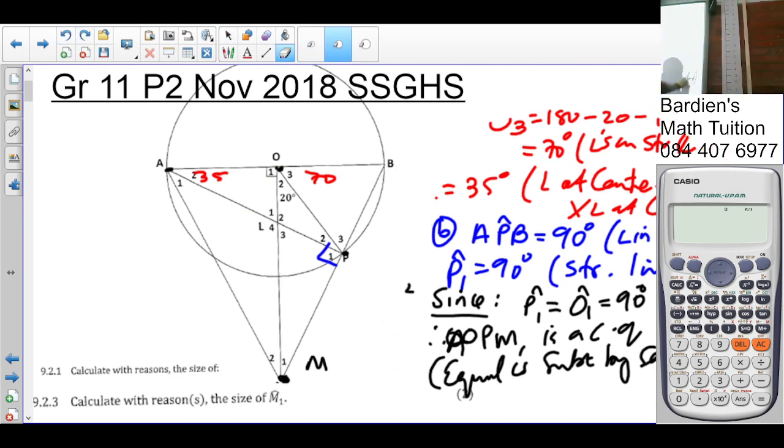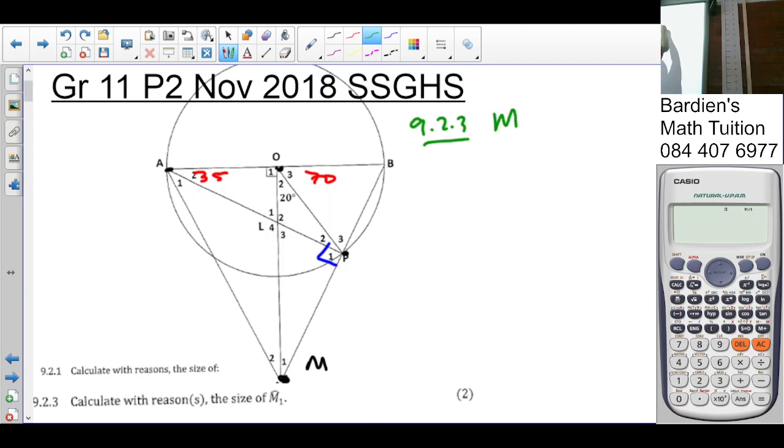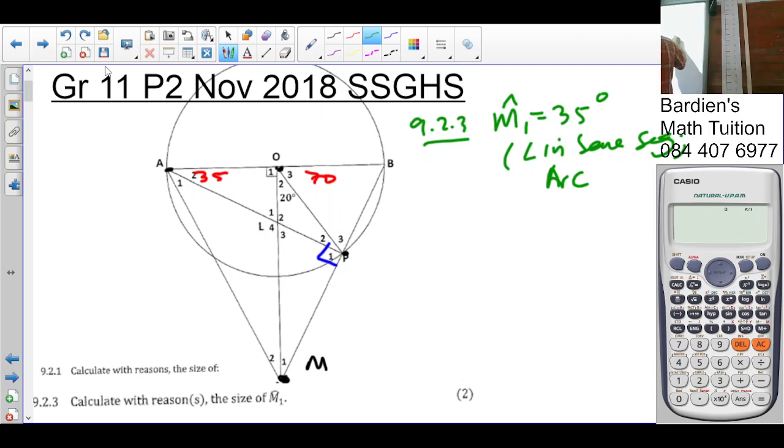I'm taking this off. I want to keep the diagram in focus. So M1 is equal to 35 degrees. Why? The angles in same segment, and it's coming from arc OP. That is 35 degrees.